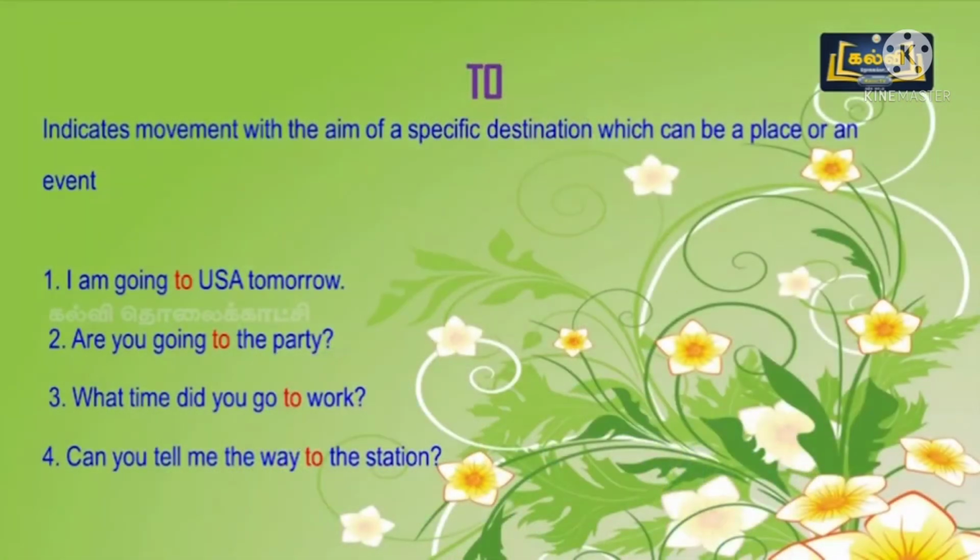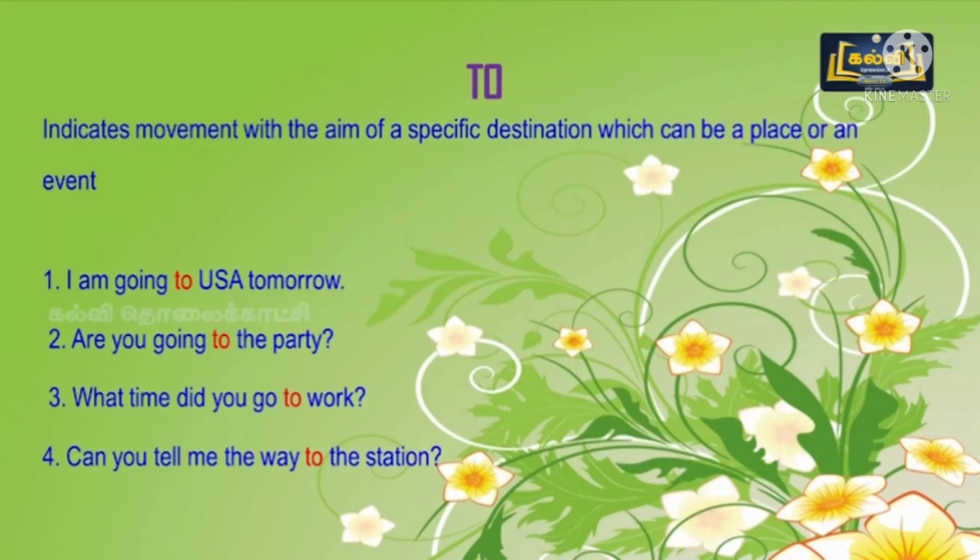Then comes the famous preposition to, and the easiest preposition, to. It indicates movement with the aim of a specific destination which can be a place or an event.